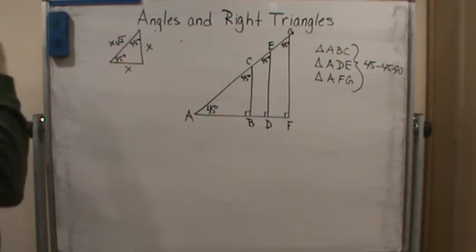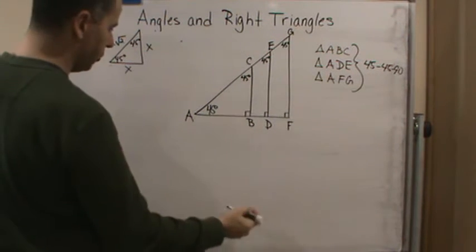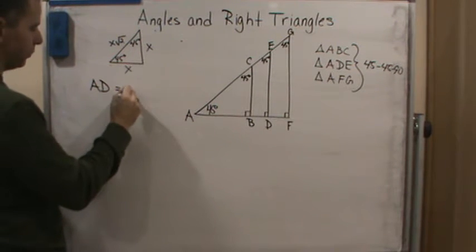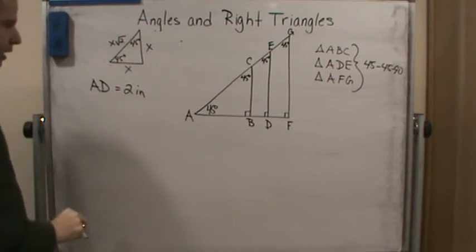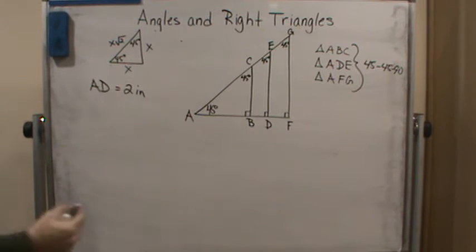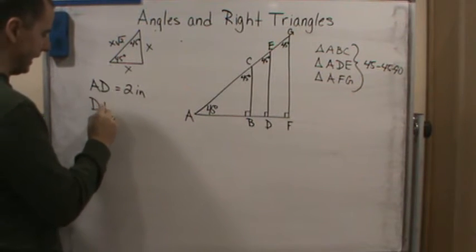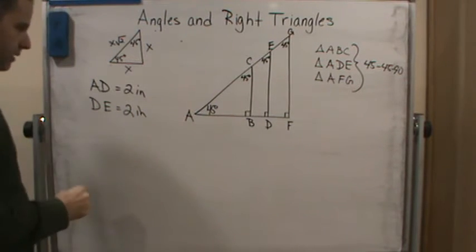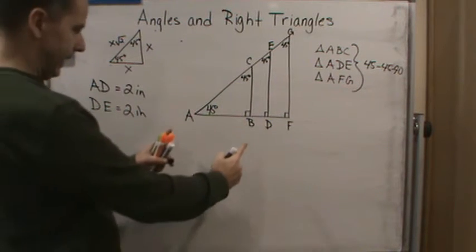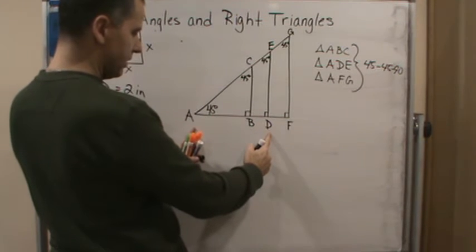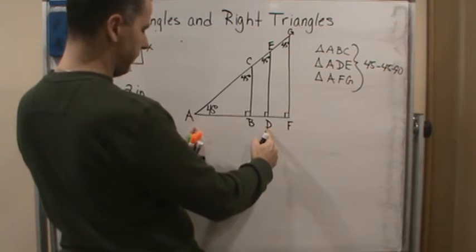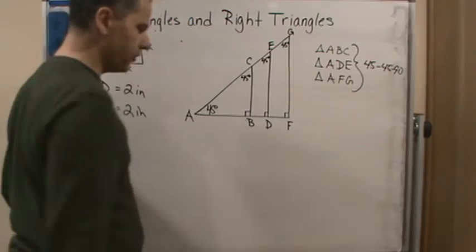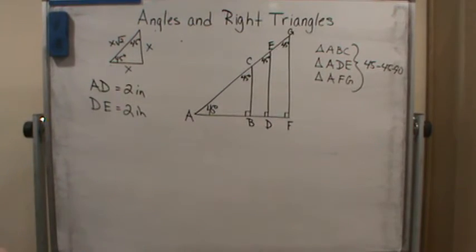Now, what if I tell you that line segment AD equals 2 inches? Well, we know automatically that DE is equal to 2 inches. If this is 2 inches, then because this is part of triangle ADE, DE is also 2 inches.